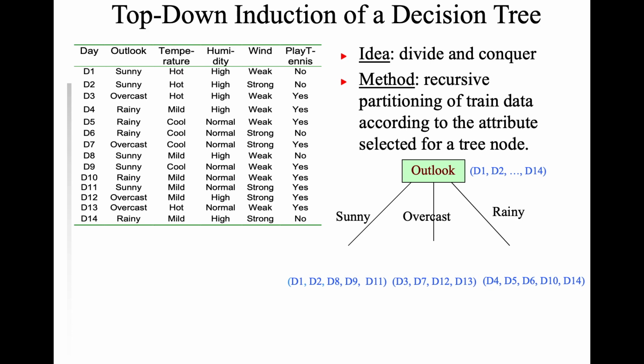So in this partition, if the outlook is sunny, which days satisfy that? D1, D2, what else? Yep, D8, D9, and D11. And then for the overcast, we have D3, D7, D12, and D13.